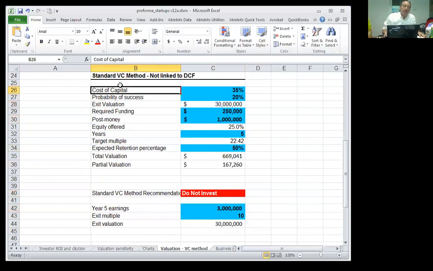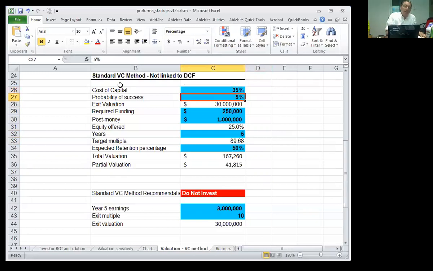Here the VC's required return is based on cost of capital and probability of success. This is why I was saying we're being very generous, because we know that 30x only gives us 5% probability of success. Therefore the target multiple should actually be 90 rather than 30 at a cost of capital of 35%, which is the VC's cost of capital.